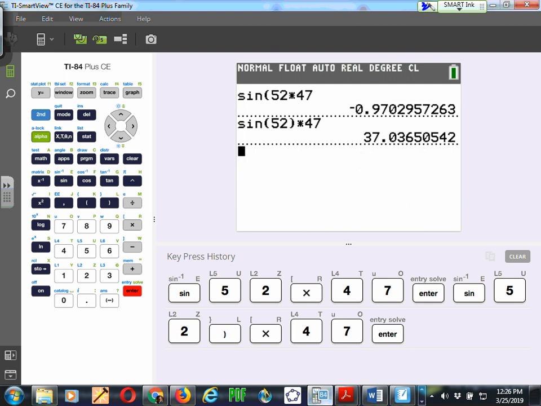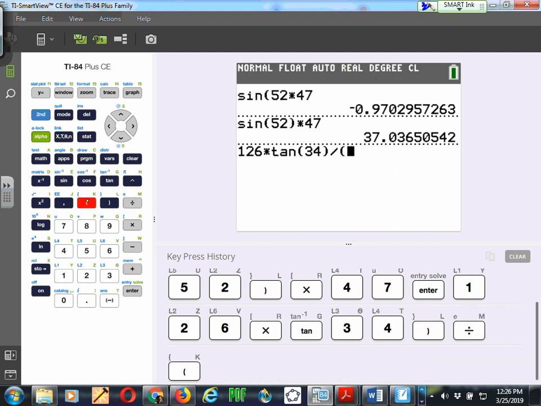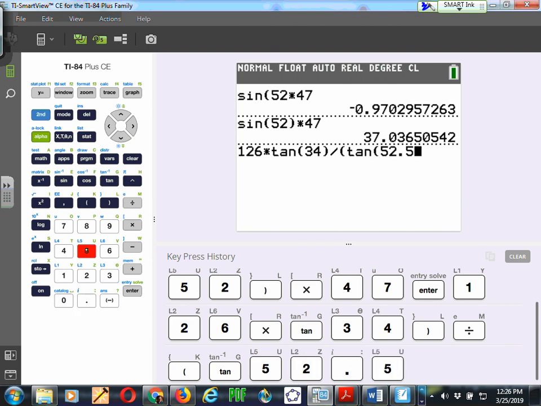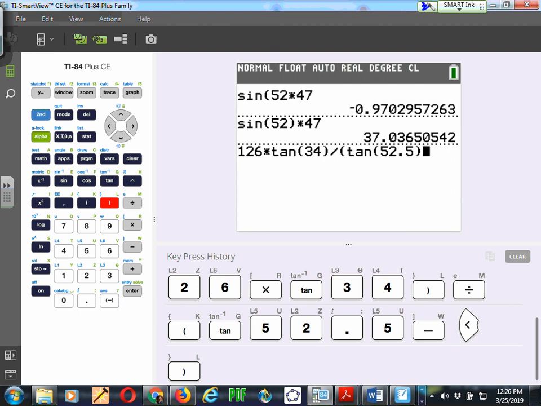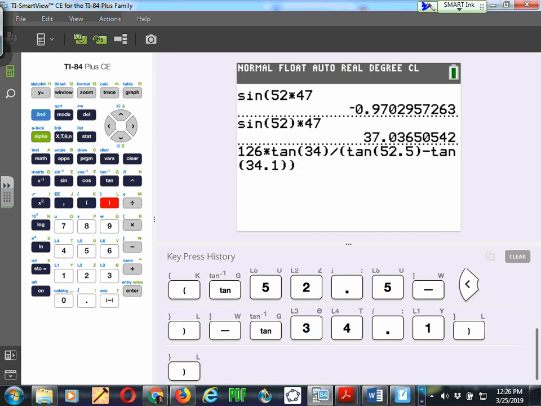So if we just take 126 times tangent of 34 degrees divided by tangent of 52.5 minus, whoops, got to close that parenthesis to make the tangent of just that angle, minus tangent of 34.1, and close the parentheses.